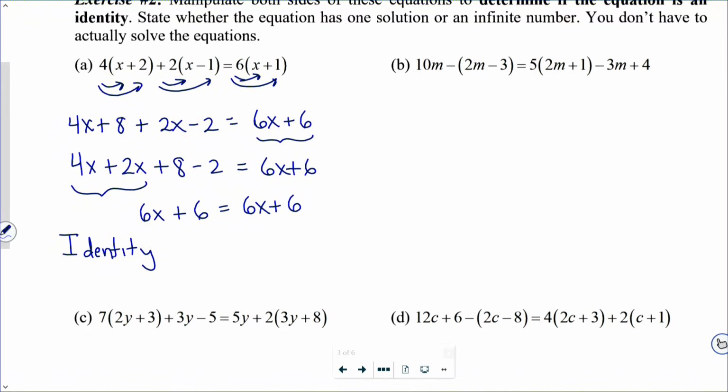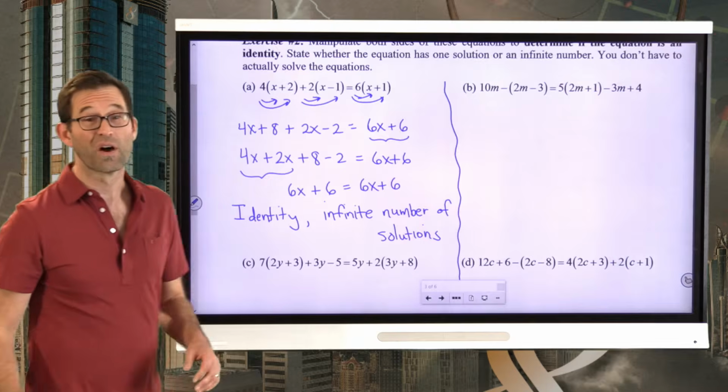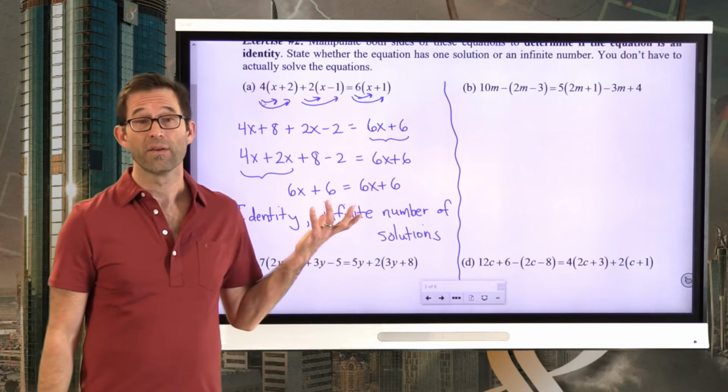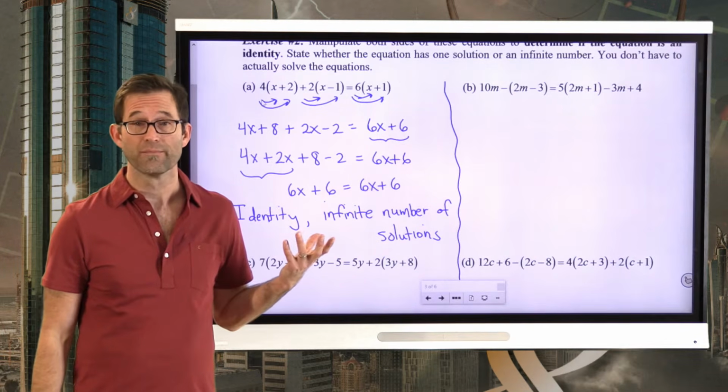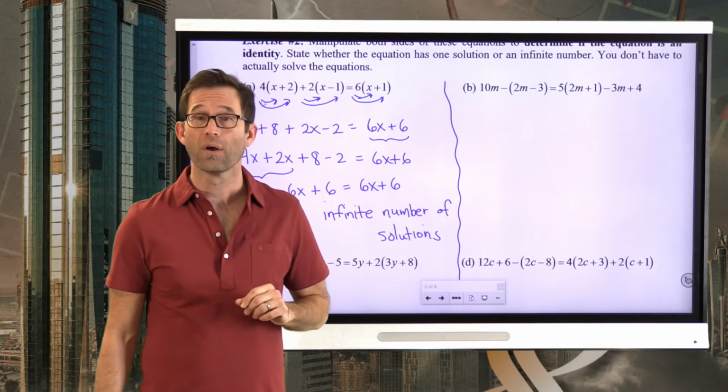And because it's an identity, it has an infinite number of solutions. We don't need to solve it any further because, quite frankly, any value of x that we put in there would be a solution. Let's take a look at another one, and see if it's also an identity.